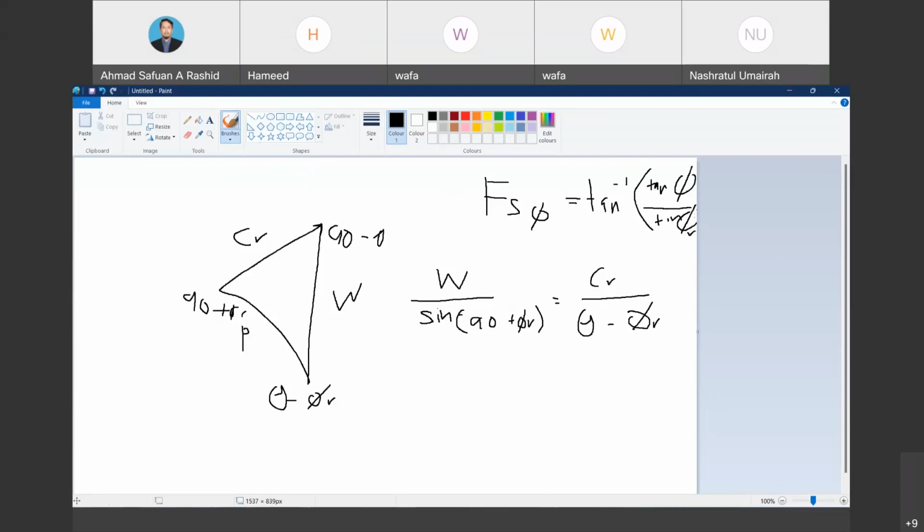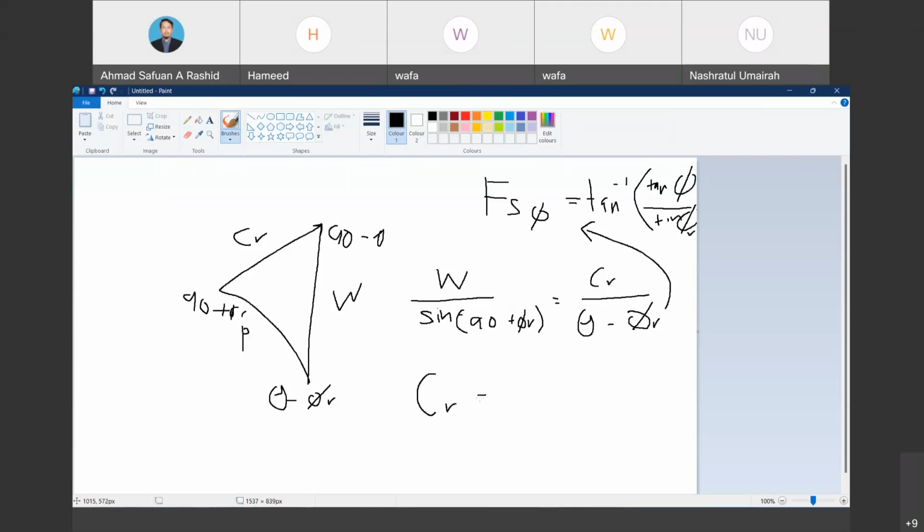Then we can get the phi r by assuming any number for the FS phi. Theta is provided. Phi r we obtain from this calculation. Then we can get the CR.